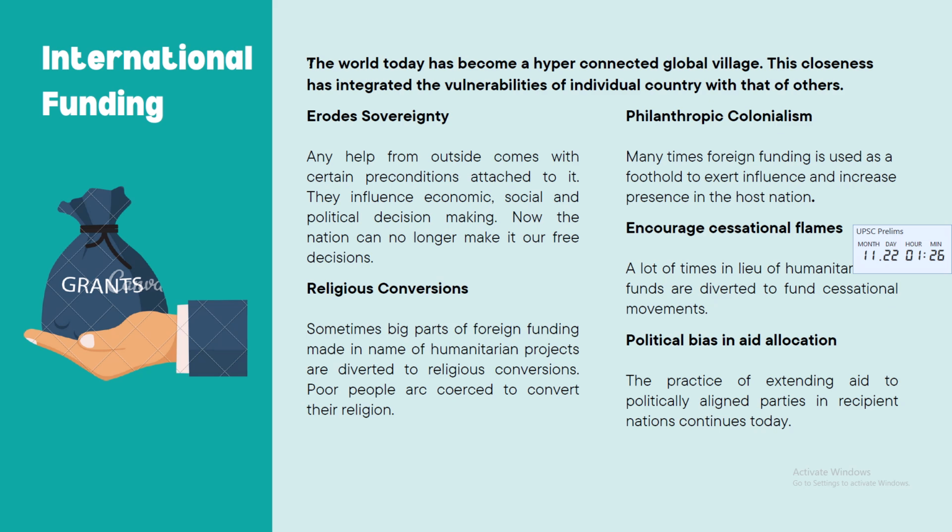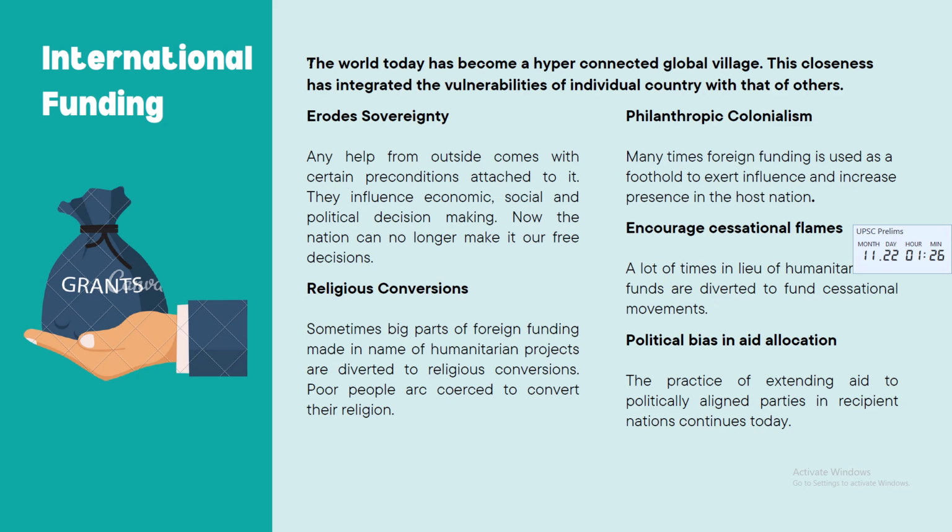Next one is philanthropic colonialism. Many times, foreign funding is used as a foothold to exert influence and increase presence in the host nation. Like the funding of China in Pakistan, the One Belt One Road initiative has trapped Pakistan in debt. So that is philanthropic colonialism, which happens these days.